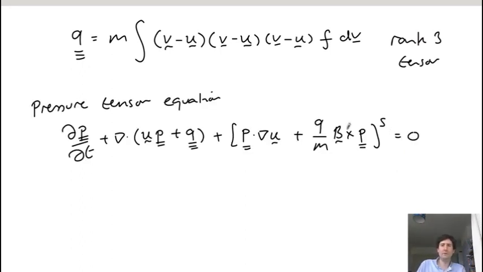Okay, so the notation here needs some explaining because it's a bit unusual. Well, it's usual in this field, but you may not have come across it before. So firstly, this S superscript. In fact, every term in this equation is a rank 2 tensor, so it's a matrix equation.